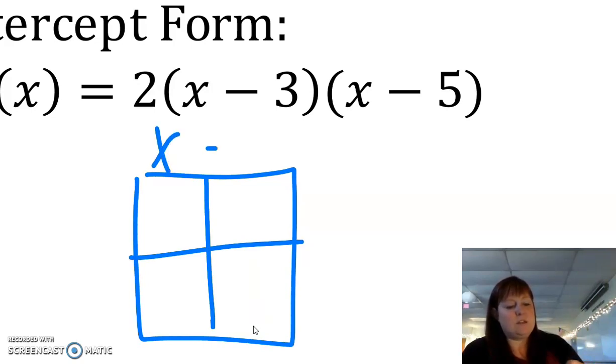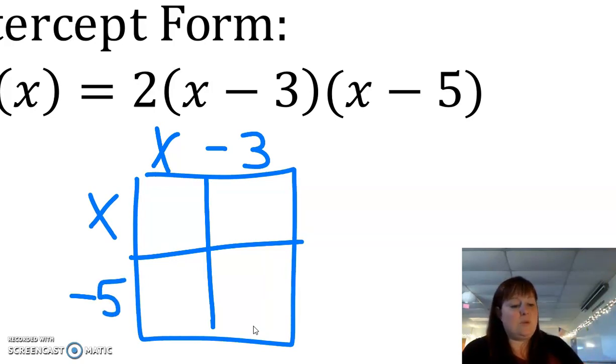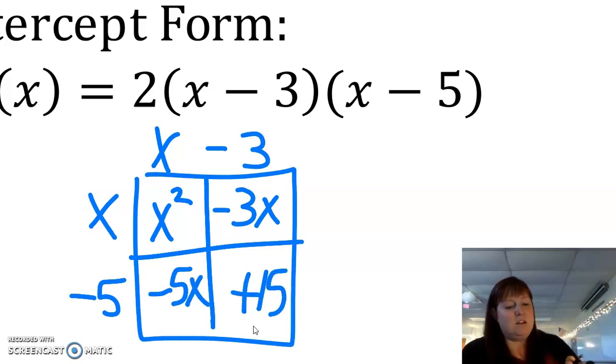So we have x minus 3 and x minus 5. So we just multiply each of these together and then we add up everything inside. So x squared minus 3x minus 5x plus 15.